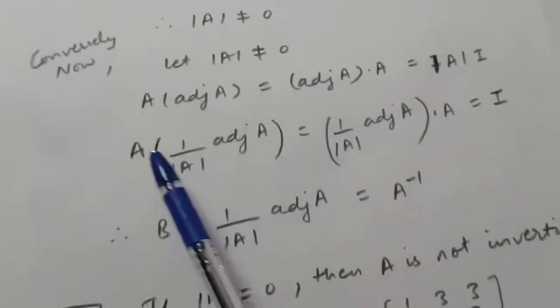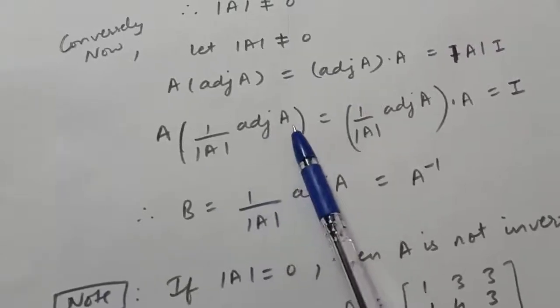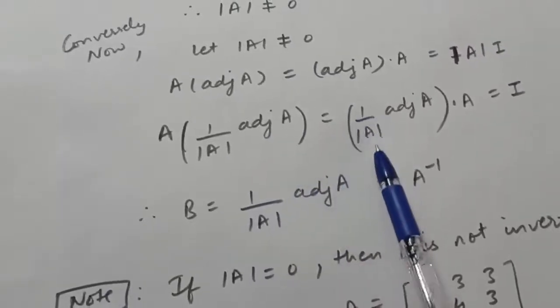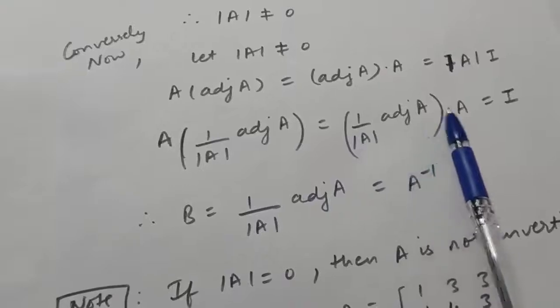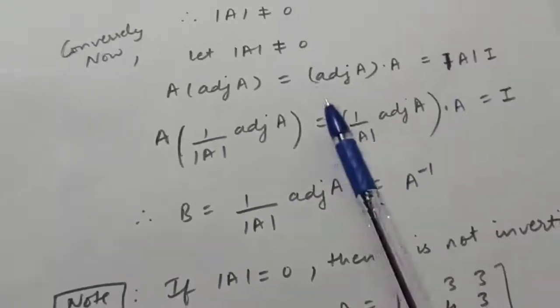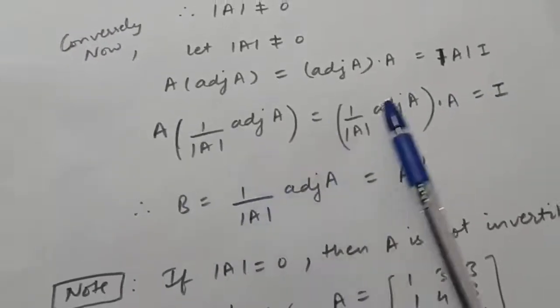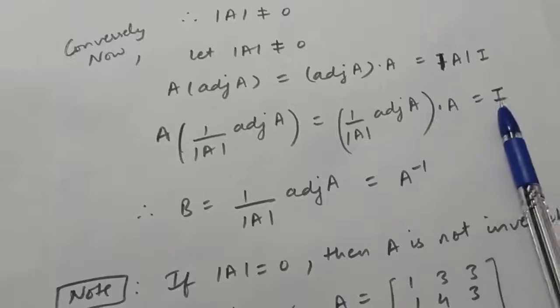So it will be A into 1 by determinant of A into adjoint A equal to 1 upon determinant of A adjoint A into A equal to I, taking this determinant of A this side, right? So this is now AB equal to BA equal to I.